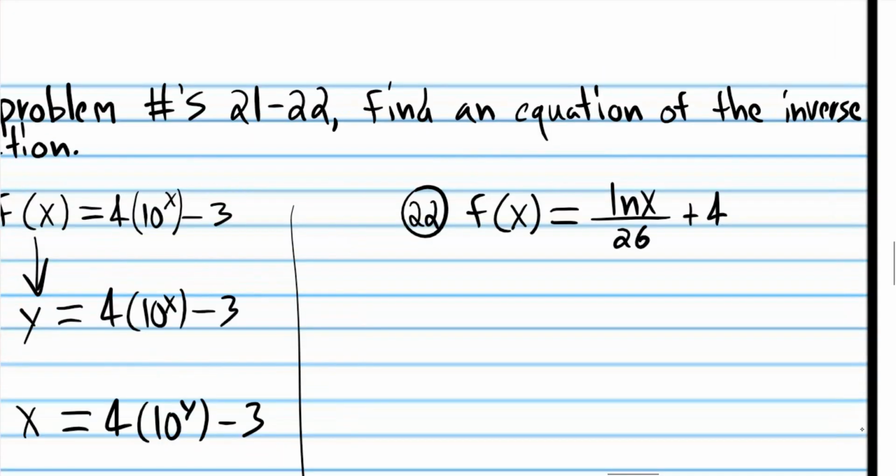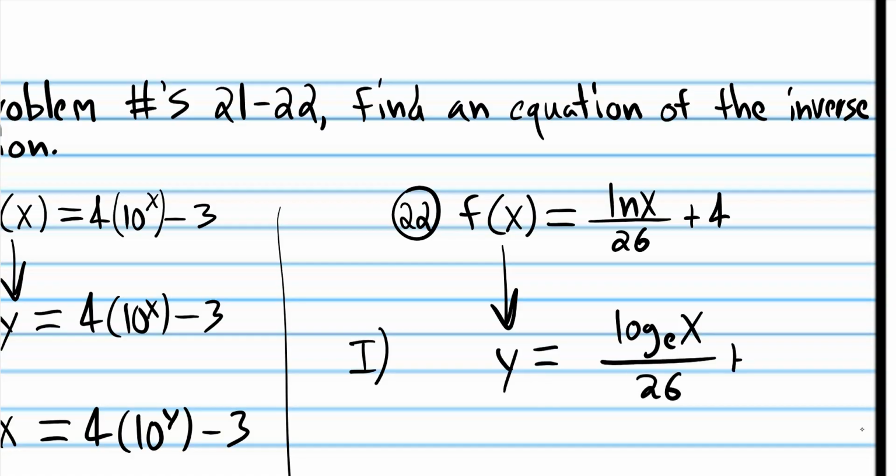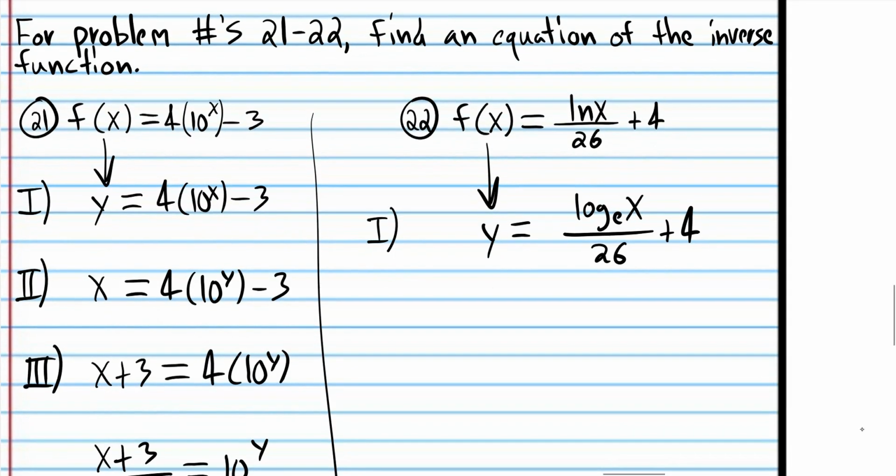Okay, we're back. So step number 1, change f of x to y. I'm also going to change ln to log base e of x, just so we can see what's going on. Step number 2, change y to x and x to y.